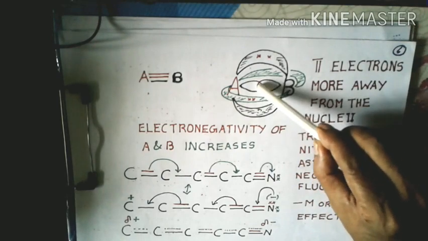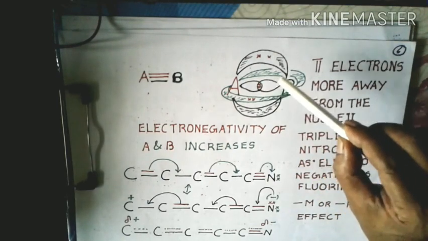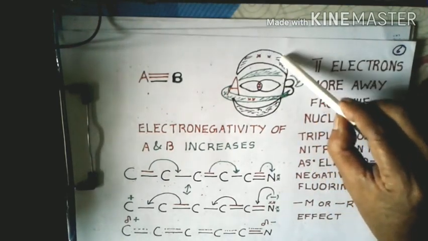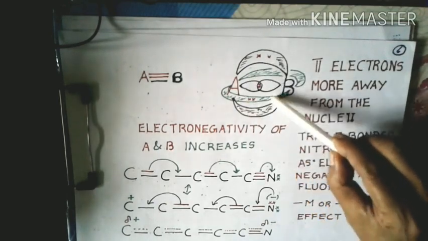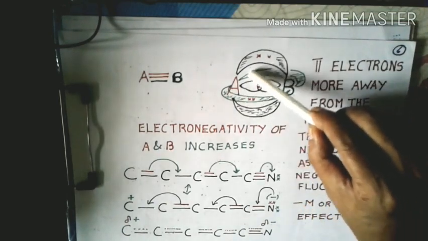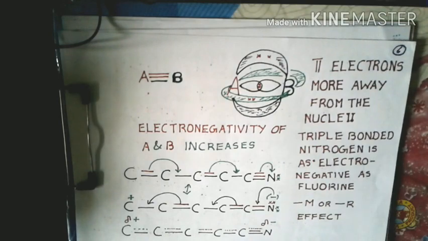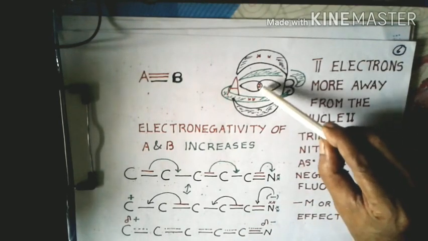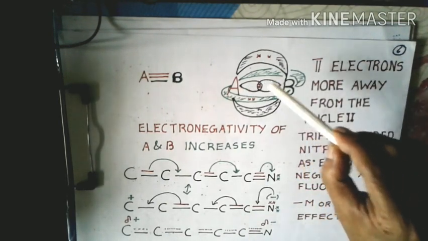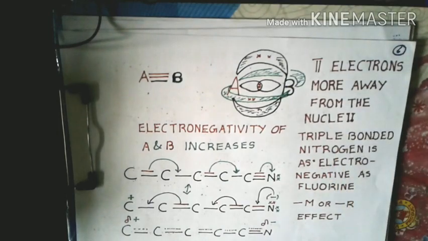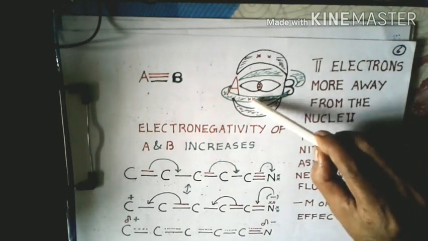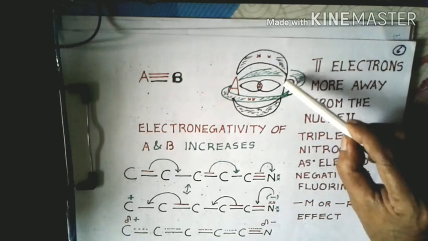The sigma bond is formed by face-to-face overlap and the pi bond by lateral overlap. And it is evident from the figure that the sigma electron pairs are closer to the nuclei of A and B, whereas pi electron pairs are a little away from the nuclei.